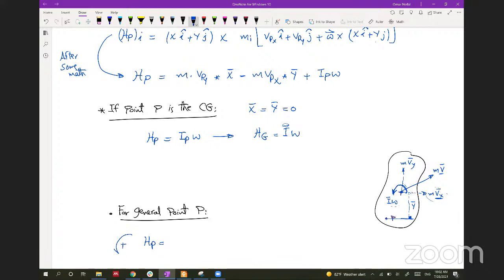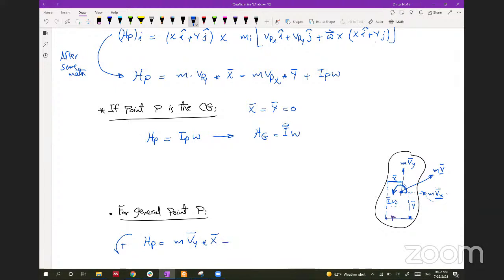If I'm taking the moment of m v bar x about point P, it will be in the negative direction. But if I'm taking the moment of m v bar y, it will be a positive moment from the right-hand rule, and this distance will be x bar because it's an x distance.